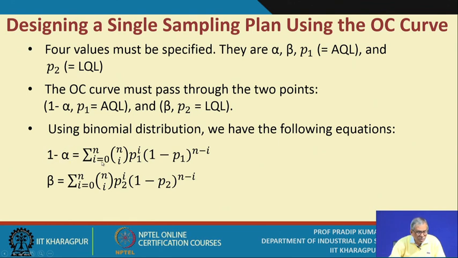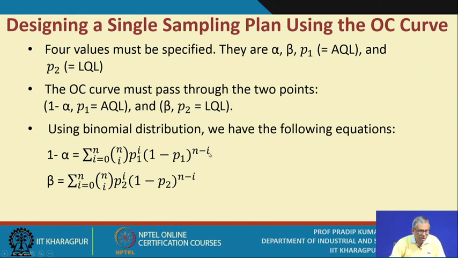It is the probability of acceptance, the sum over i equals 0 to c, where c is the acceptance number, and the number of non-conforming items in a particular sample may be 0 or 1 up to the acceptance number c: nCi P1 to the power i into 1 minus P1 to the power n minus i.